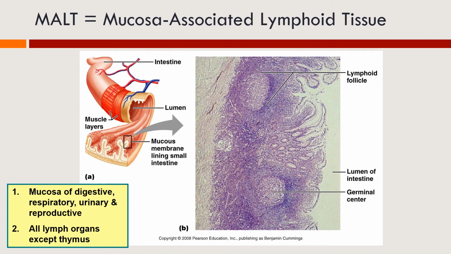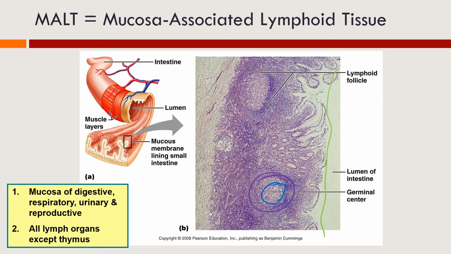All right. Mucosa-associated lymphoid nodules are found more or less anywhere that you have mucous membranes. So here's a mucous membrane lining the lumen of the intestine, and here, deeper within, is a lymphoid follicle with a germinal center.